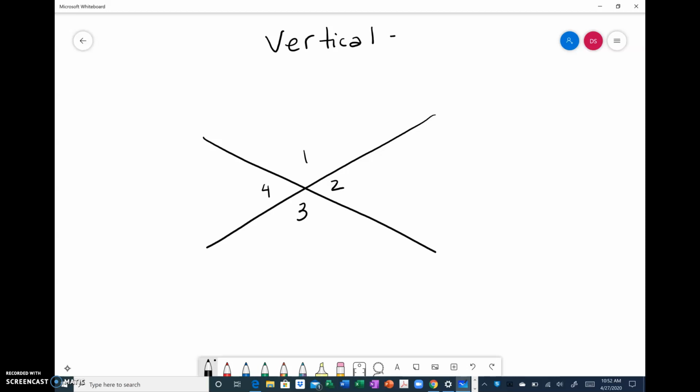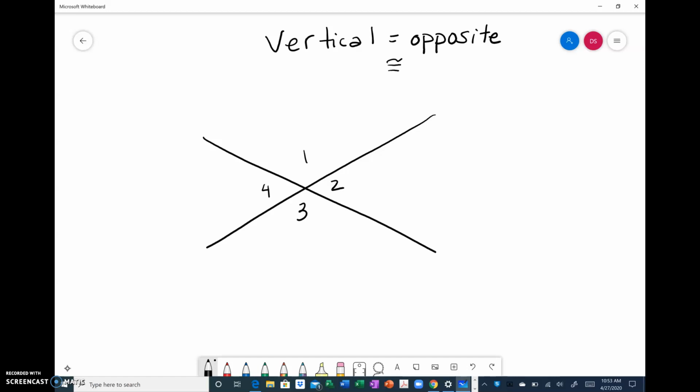So vertical angles are opposite of each other, not next to. What's that term? Adjacent. We're talking about vertical now. And here's an interesting term that you should be familiar with. We've talked about it before, I believe. Vertical angles are always congruent. They're always equal in measure, okay?